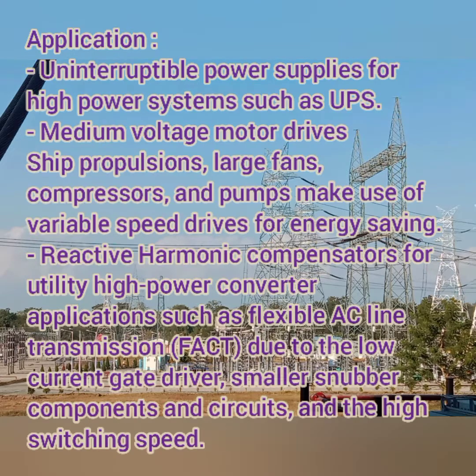Coming up to the applications, it is normally used in UPS systems. Then for medium voltage motor drives, ship propulsion, large motors and fans, reactive harmonic compensators, and high power converter applications such as FACTS, which means flexible AC transmission systems, due to the low current gate drivers.